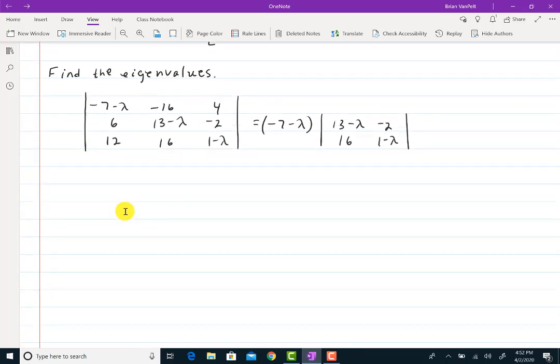And then, as I mentioned, these alternate in signs. The next one will be a negative. So going down the column, I'll go to the 6.